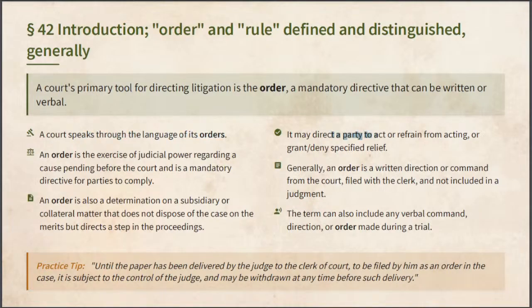It may direct a party to act or refrain from acting or grant or deny specified relief. An order is the exercise of judicial power regarding a cause pending before the court and is a mandatory directive for parties to comply. So once parties appear, they have agreed to comply with the orders of the court.